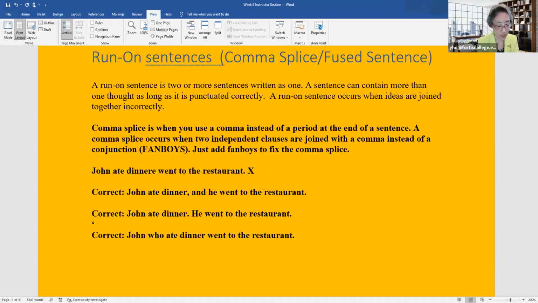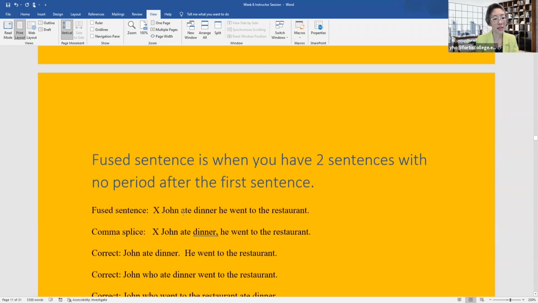Or if you want to stick with the comma, you can write and he went to the restaurant. Now it's correct because then it becomes a compound sentence. But if you take away the conjunction, then it's not correct. So you always need either a period at the end of the sentence or a conjunction. So that's what a comma splice is.